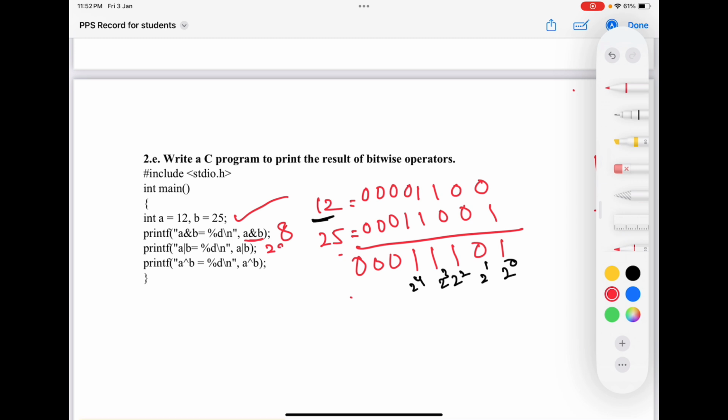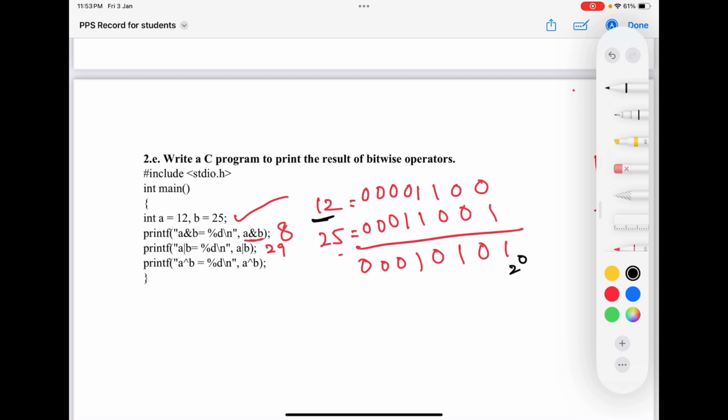We'll compare it with the output on screen. Now A XOR B. What is A XOR B? For similar bits it will be 0, for dissimilar bits it will be 1. 0 and 1, dissimilar, 1. 0 0, 0. Dissimilar 1. Similar 0. Dissimilar 1. 0 0 0. Now for A XOR B, the answer is 21, correct?